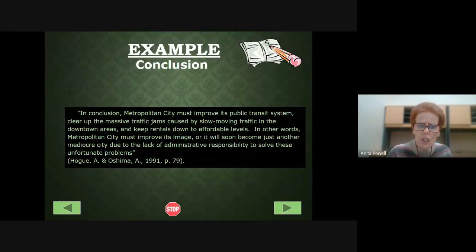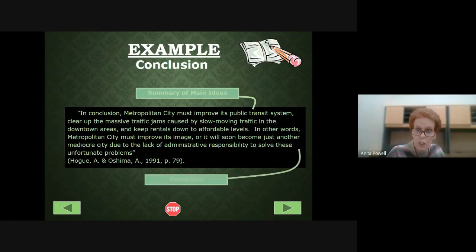Example conclusion. In conclusion, metropolitan city must improve its public transit system. Yes, and the thesis is implied here.